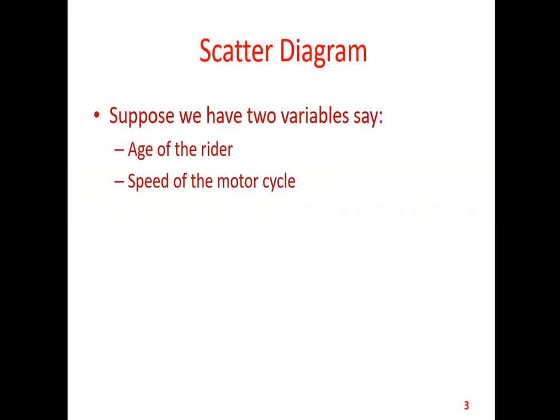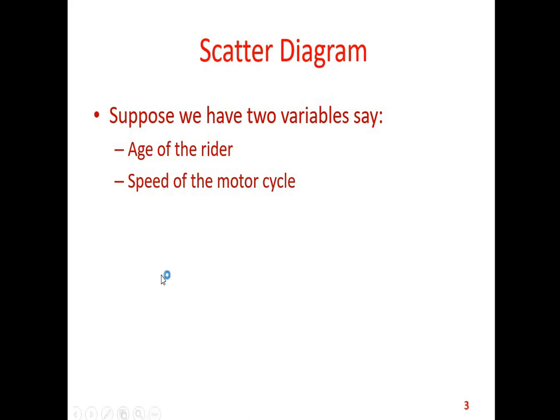So first, we have data about two things, and the first step towards understanding the relationship between variables is through the help of a diagram called a scatter diagram. Here we have data on two variables.